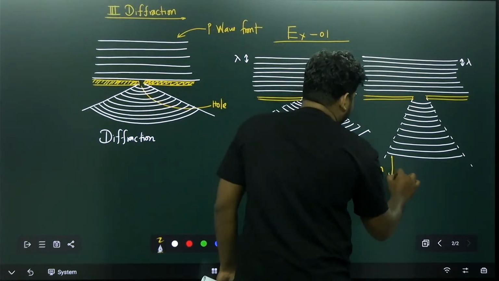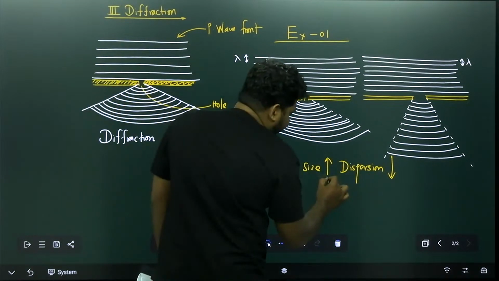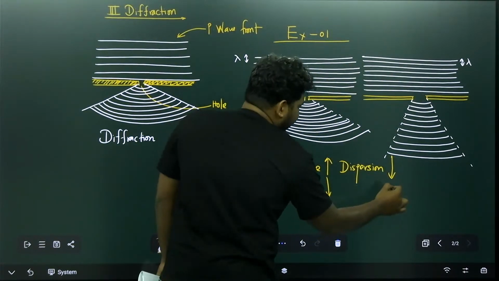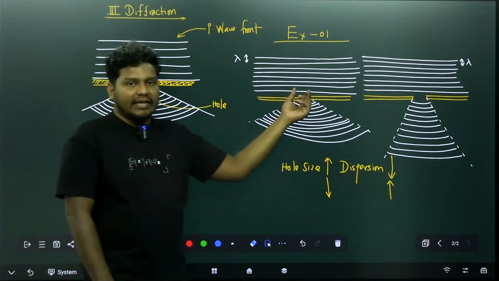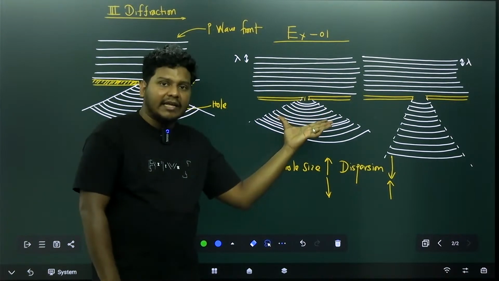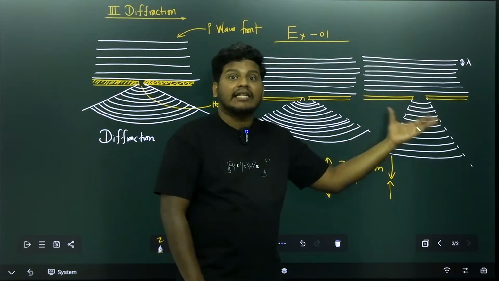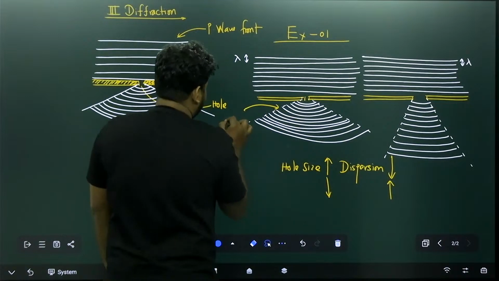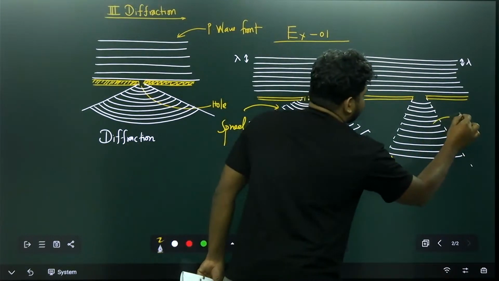When the hole size reduces, the dispersion will increase. Okay, right. So when the hole size reduces, the spread is high. When the hole size increases, the spread is low. I am using the word spread here.